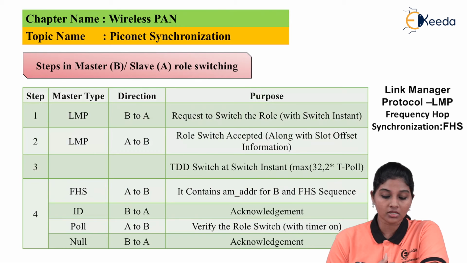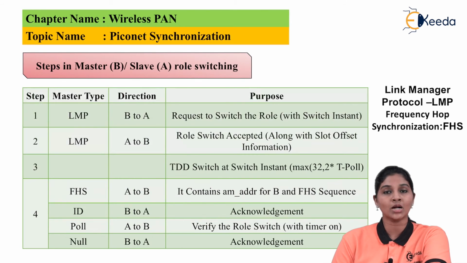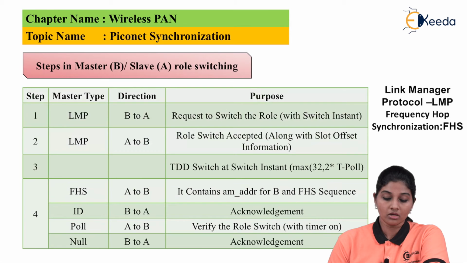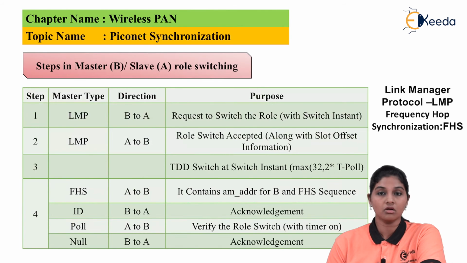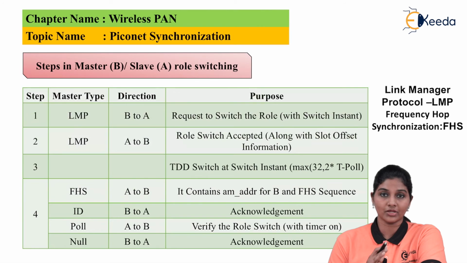Now let's discuss the various steps involved when master B wants to switch its role with slave A. Step 1 is the LMP, that is link manager protocol. The direction is from B to A, and the purpose is requesting the switching of role from B, that is from master, to A, that is a slave.